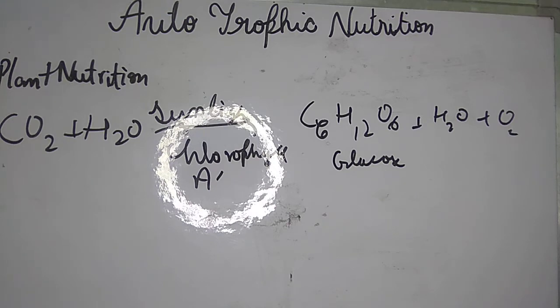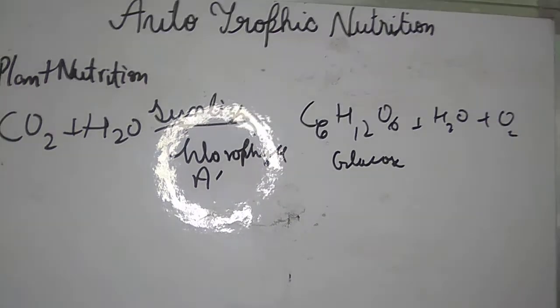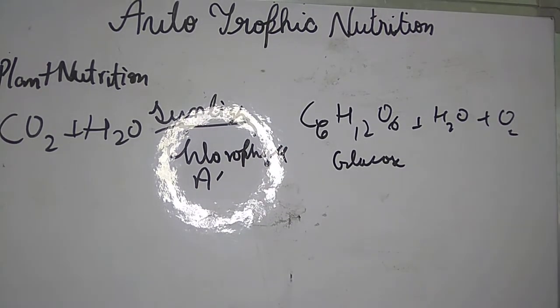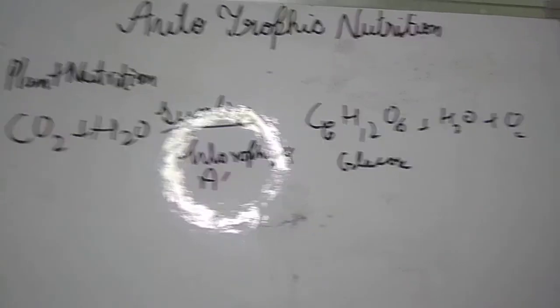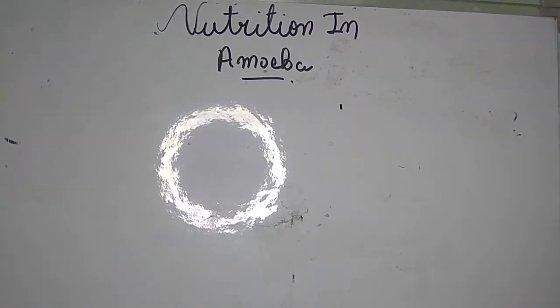Now we will talk about nutrition in amoeba. Amoeba is a unicellular omnivore animal. Its mode of nutrition is holozoic, and it engulfs food with its finger-like projections, which are known as pseudopodia, also known as false feet.